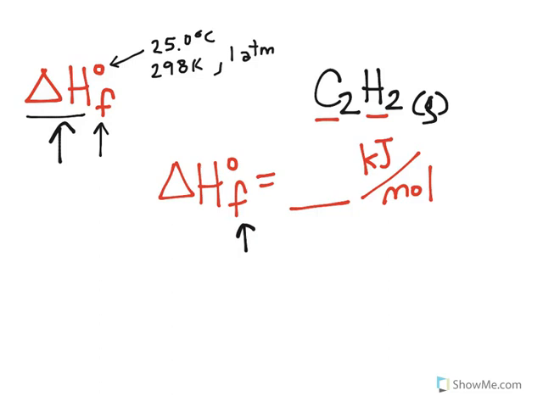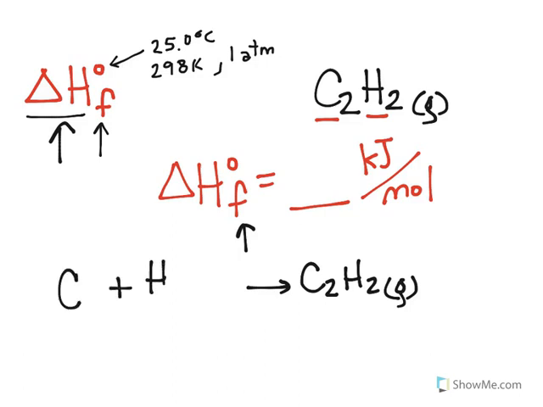So what that means is the reaction we're considering is the formation of C2H2 gas, which means that's the product, from its elemental constituents. Well, the elements that make it up are carbon and hydrogen. Now, in their elemental state, carbon is solid and hydrogen is diatomic, and it is gas.